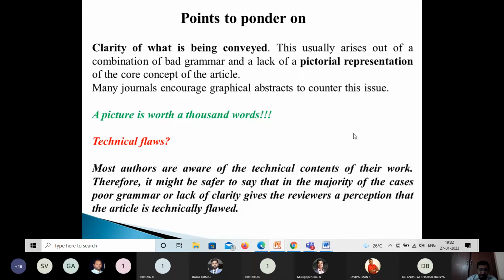So the two major reasons why it gets rejected are maybe the poor grammar, as I said, or the lack of clarity or the lack of flow. So the continuity is missing. Maybe in the first section, the author is talking about something, then in the second, it's deviating out of the complete idea. So please stick around the complete circle.